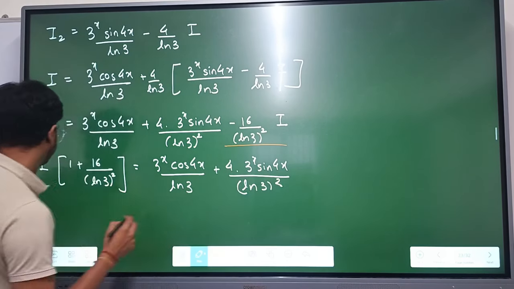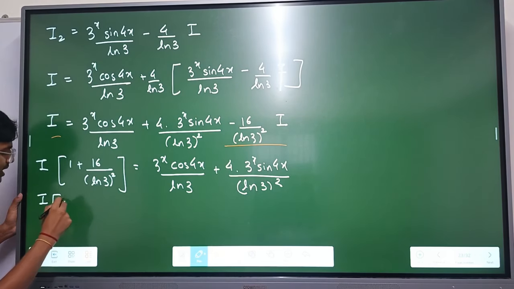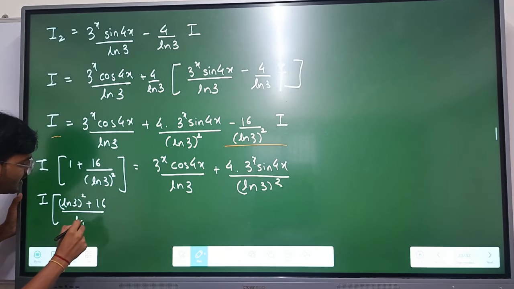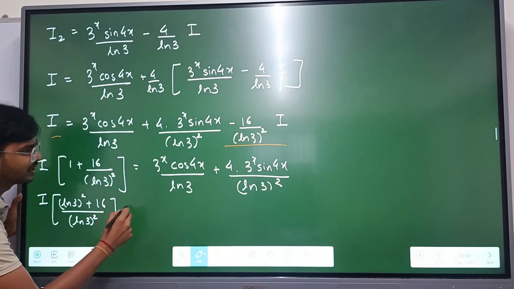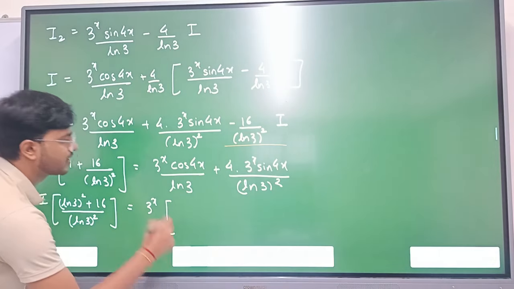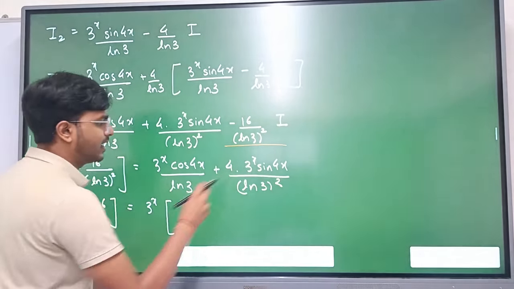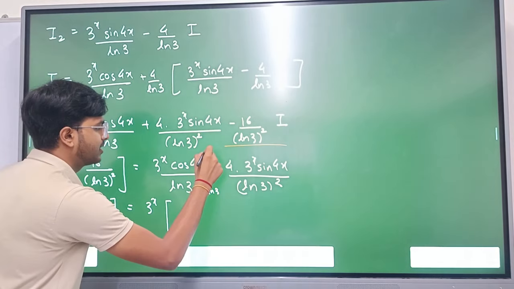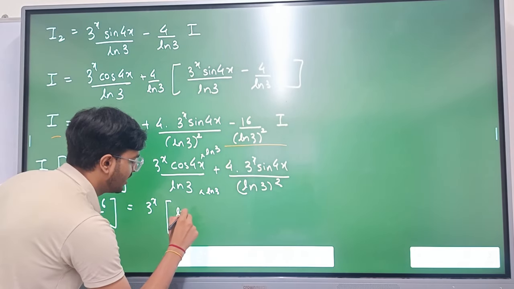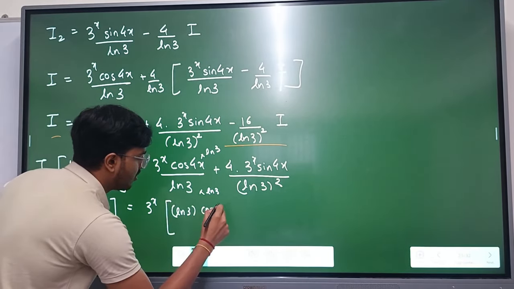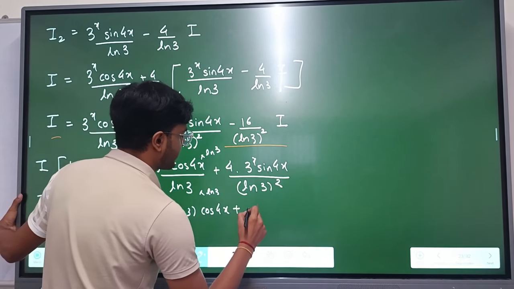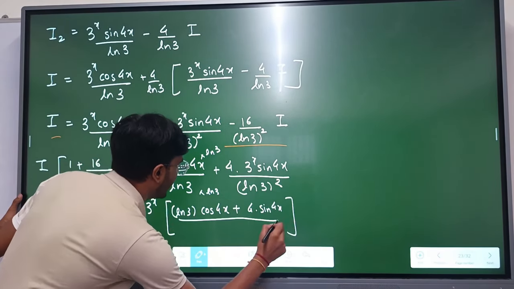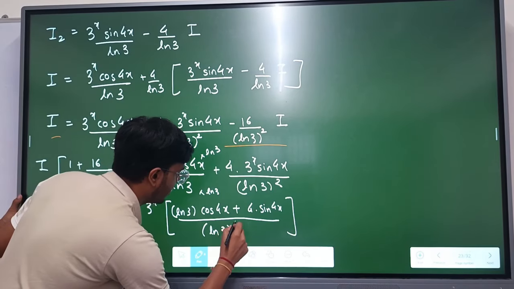Take LCM here, I'll get ln 3 whole square plus 16 divided by ln 3 whole square. From here I can take a 3 power x common and ln 3 whole square is there. For LCM I'll multiply this by ln 3, multiply this by ln 3. So what will I get? ln 3 into cos 4x plus 4 into sin 4x divided by ln 3 whole square.